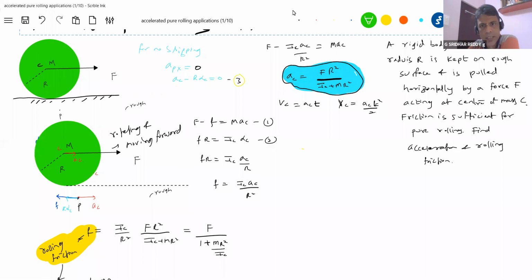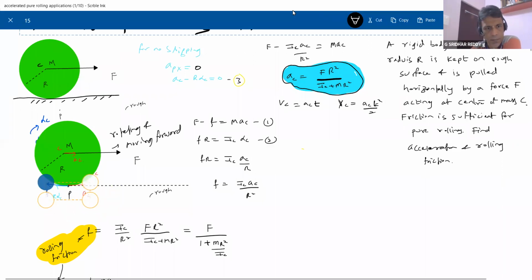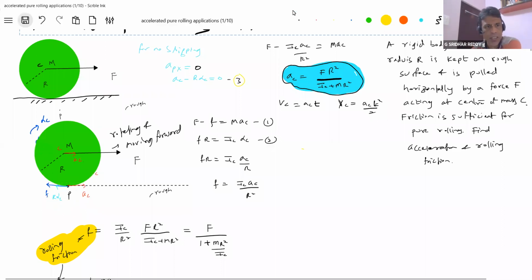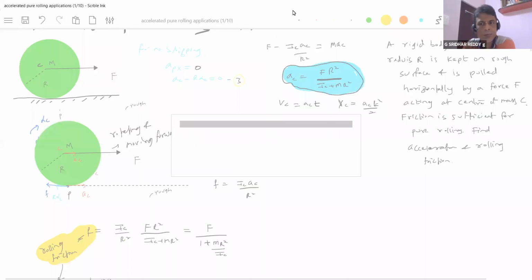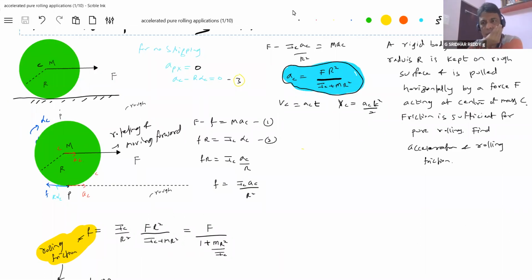Now, let me put all the things in order. I think we stopped yesterday till here, no? The friction that was acting was a rolling friction.